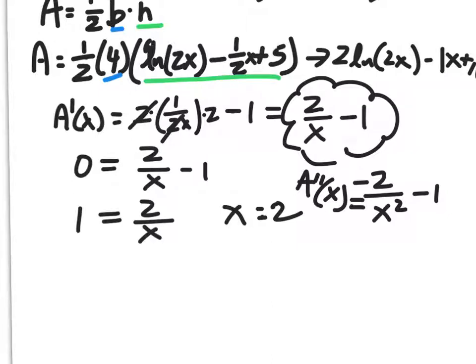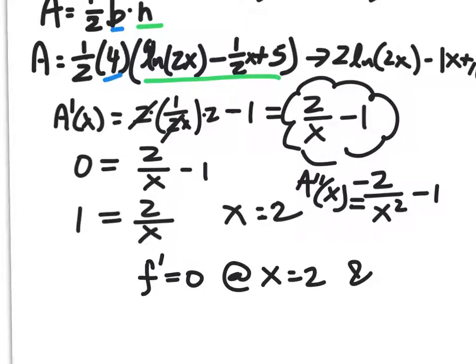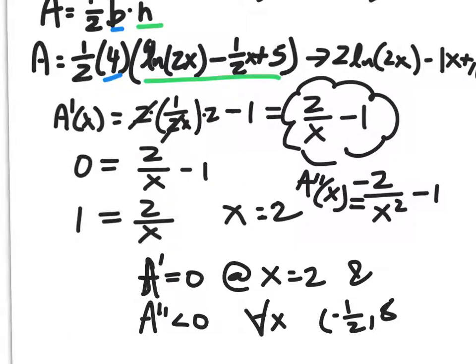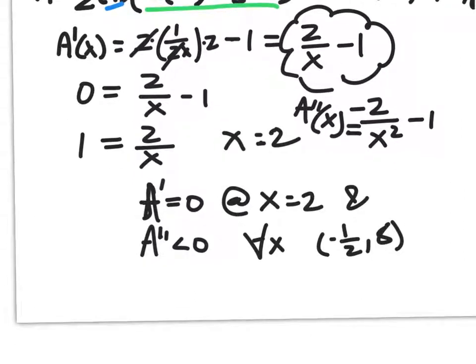Therefore, what I could say then is, since A prime is equal to 0 at x equals 2, and A double prime is less than 0 for all x on this interval from 1/2 to 8, then there's a max, a relative max, let's say, at x equals 2.